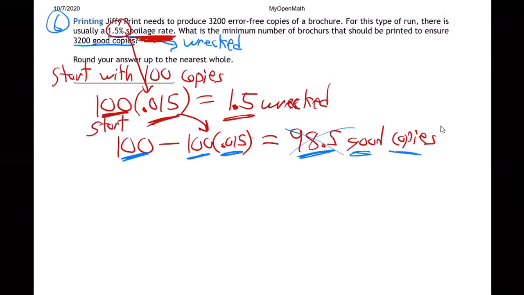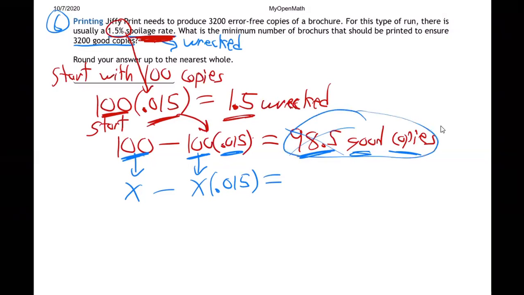Now just do that same thing, except instead of starting with 100 copies, we start with X because we don't know how many copies we started with. X minus 0.015 times X equals the number of good copies we need in the end. In my problem, it's 3,200.